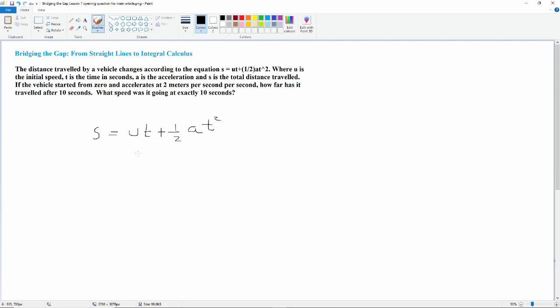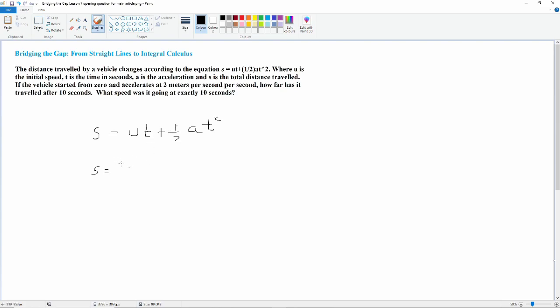We know that the initial speed is 0, so s is equal to 0 times time, which is 10 seconds. Well, quite honestly, let's ignore that, because 0 times anything is 0, and 0 plus anything is itself. So the ut part of the equation disappears.